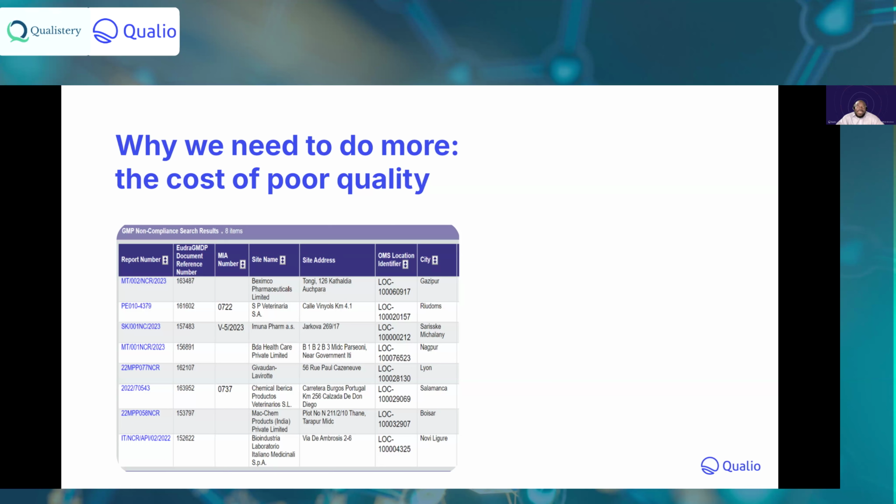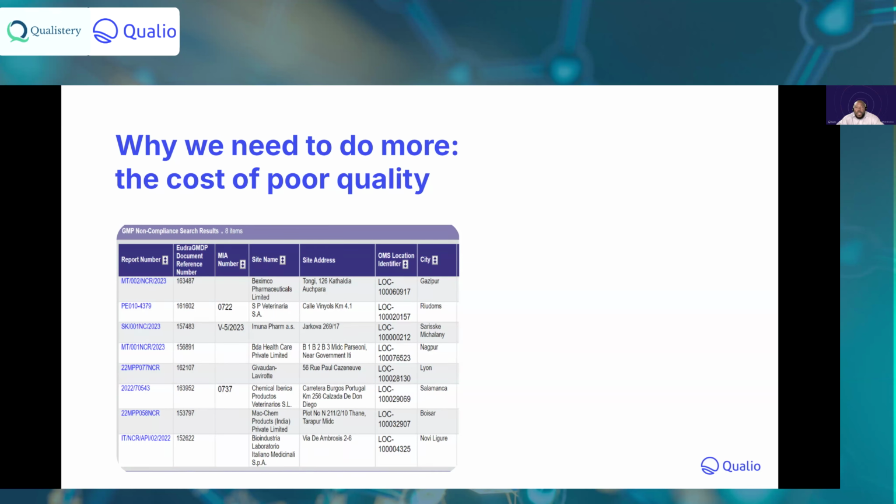So remediating costing $500 an hour, and this is not a one-day type of work. We're talking about months. We're talking about, in some cases, up to a year. And so that cost basically stacks up pretty quickly. So implementing quality upfront actually helps save money in the long run.